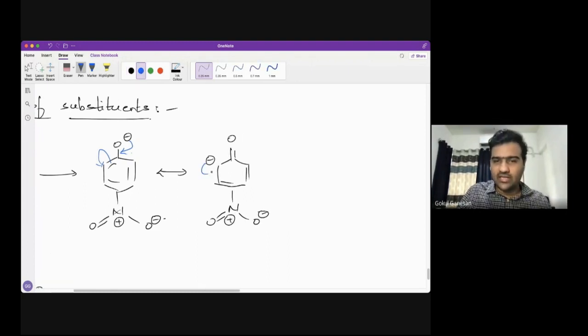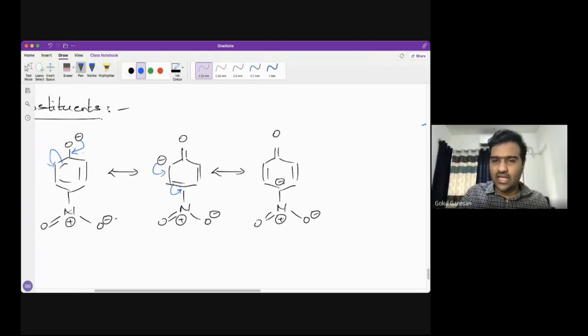Then I move the negative charge around again. The negative charge moves to the para position. The negative charge moves again to the ortho position back again.